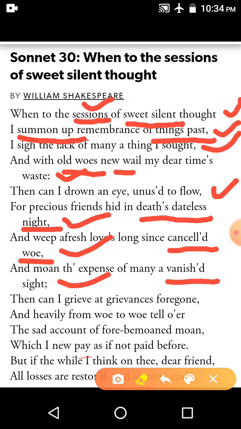The rhyming scheme for the last quatrain is foregone, tell o'er, moan, before. E F, E F.